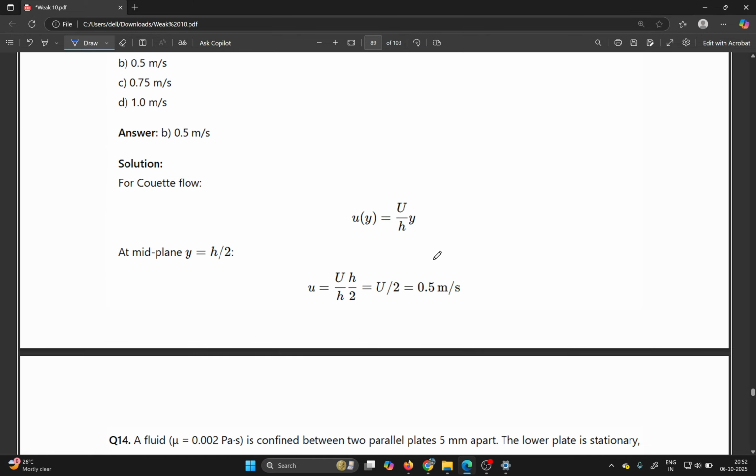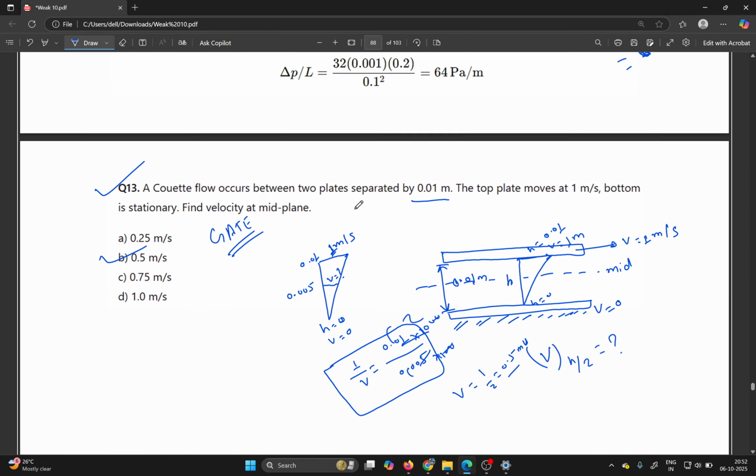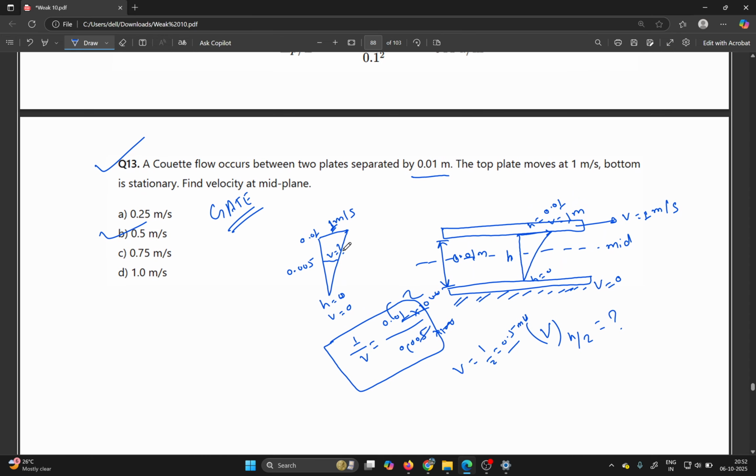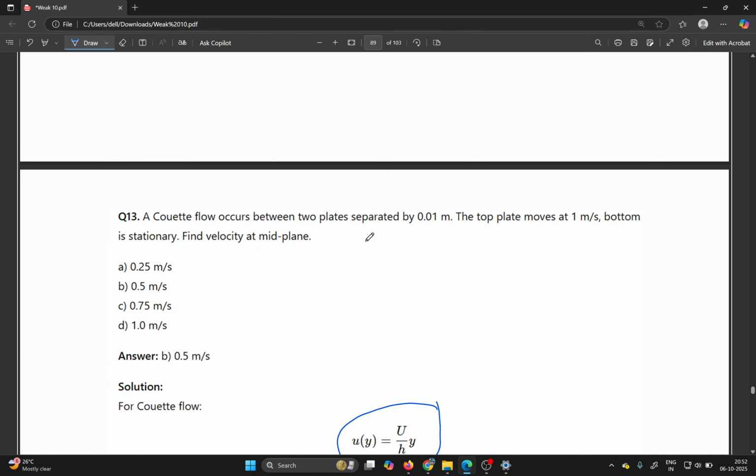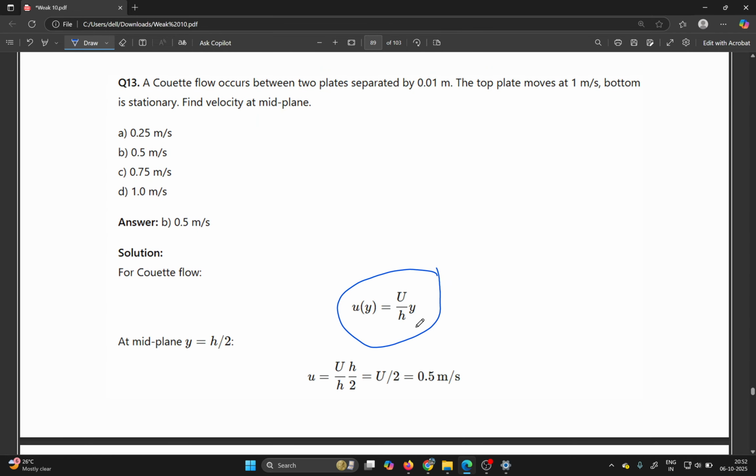Yes, option B will be correct. But how? I have just shown you. Or you can approximate like that also. But this is just from your general understanding of how you will solve. And here also you can think.